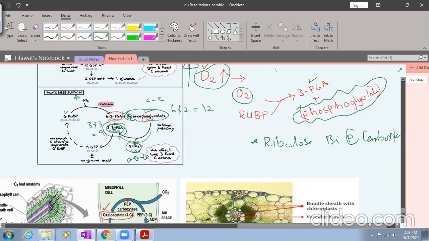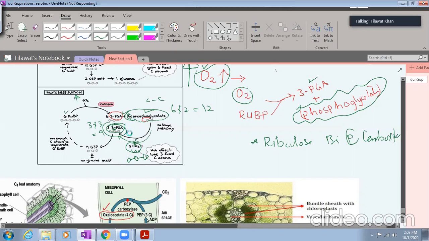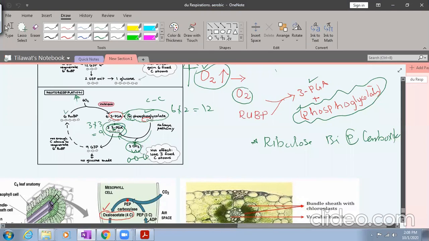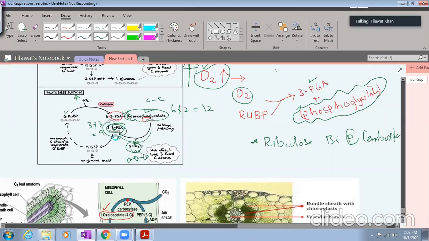If that reaction is happening normally and this phosphoglycolate didn't form, what will happen? Am I clear? If this phosphoglycolate didn't form, RuBP will be more with us. But when it loses this carbon, one side, we are losing RuBP. Maybe our RuBP becomes decreased from normal.